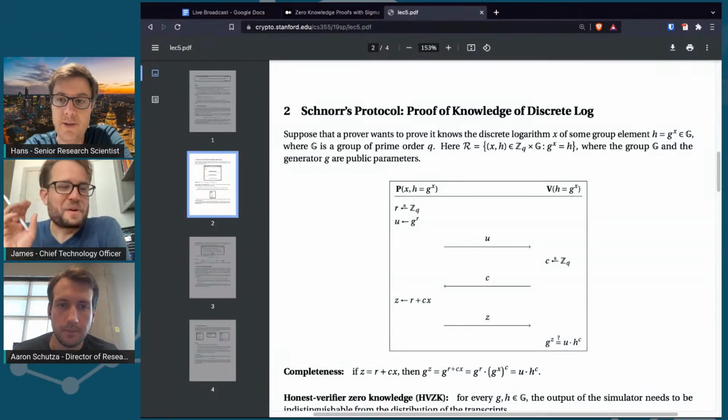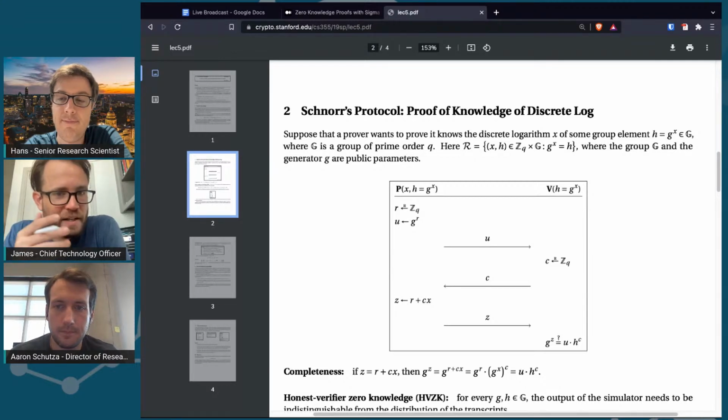I wish I had typing on these numbers, because sometimes you don't know if numbers are in the same domain. It's hard for me to track which numbers belong to which domains when I read these things. But I know that R and C are in the same domain because they both come from Z sub Q. I know U is a group element, so U and H are in the same domain.